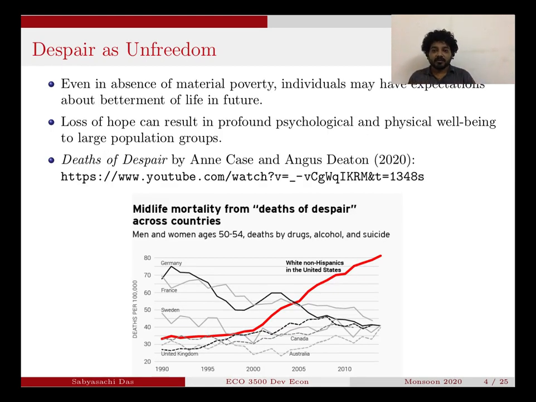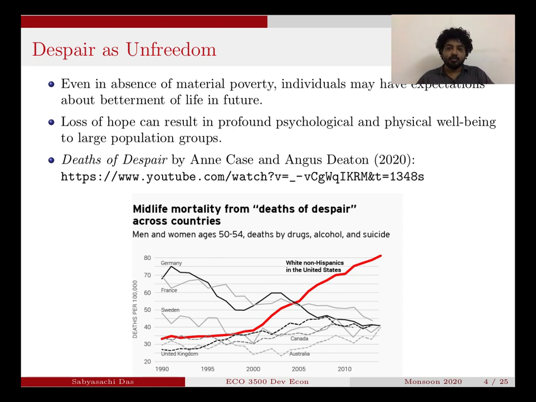The second one is kind of important and pertinent. It is in the context of the United States. So this is called deaths of despair. This is based on a very recent book that Case and Angus Deaton wrote, titled Deaths of Despair.